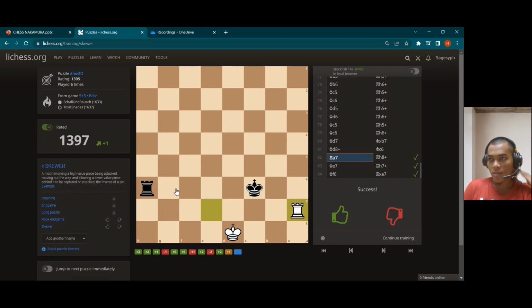So what we must do, the king must be in line with the rook horizontally, like this.